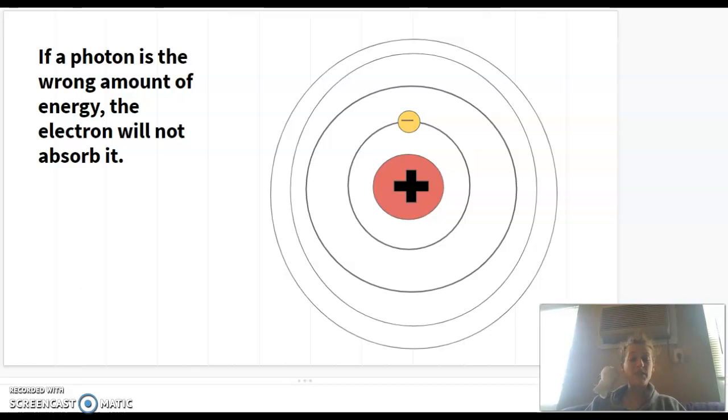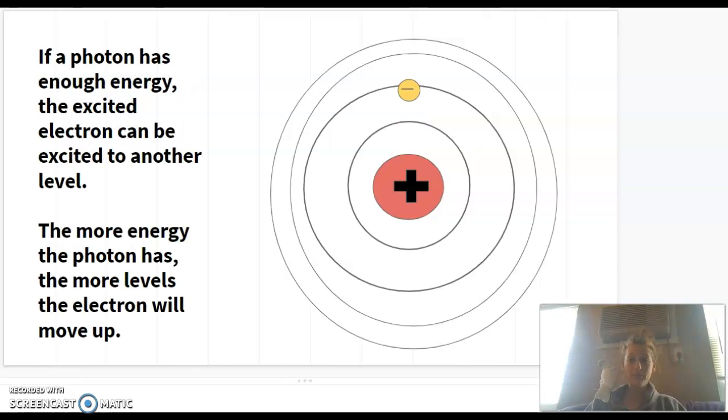But if it's not a specific amount of energy, the electron doesn't care and nothing will happen. Now, if the photon has enough energy, the electron can be excited to another level. The more energy the photon has, the more levels the electron will move up. But again, it has to be a specific amount. So in this case, the electron absorbed a specific amount of energy that allowed it to move from this level to this second level here.